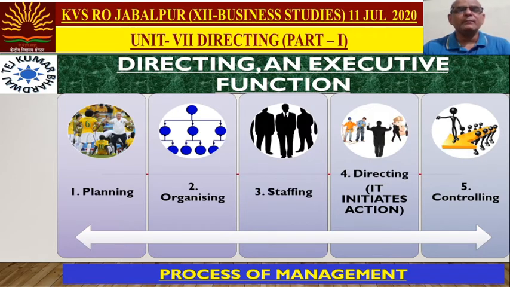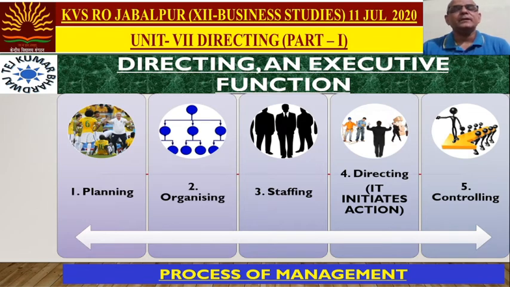It is purely a mental exercise. We are just brainstorming about what our goals will be and how we will achieve them. We have already studied various types of plans.